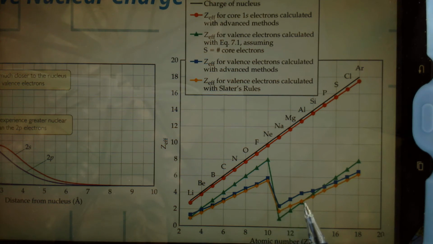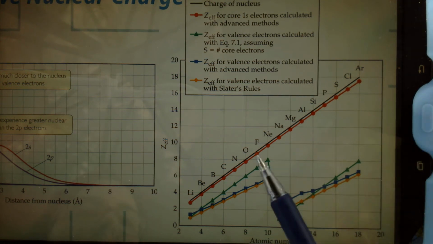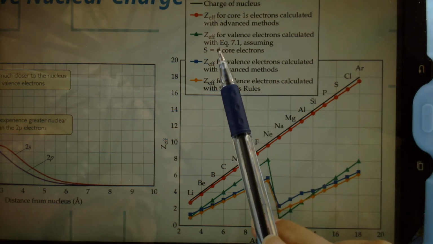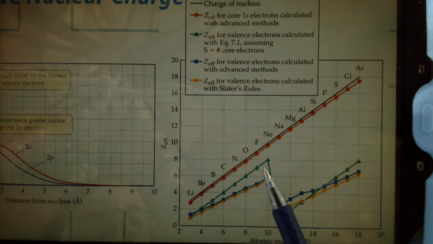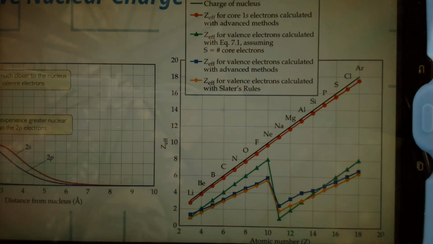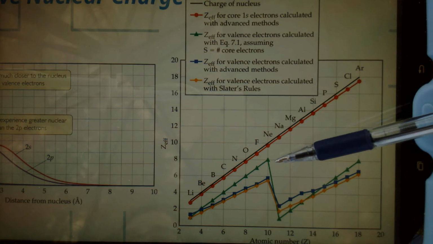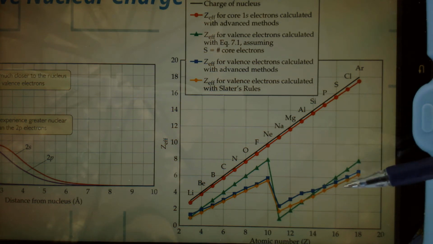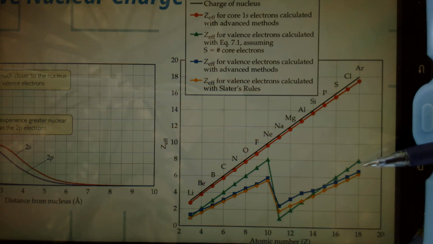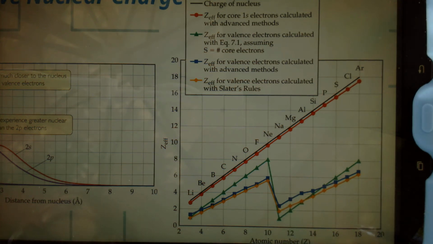The blue squares show how things really work. The green line is just core electron screening, which does an okay-ish job when atoms are small and a much better job as they get a bit larger. So a nice, linear, steady increase as we move across the periodic table, just like we drew on our periodic table there.